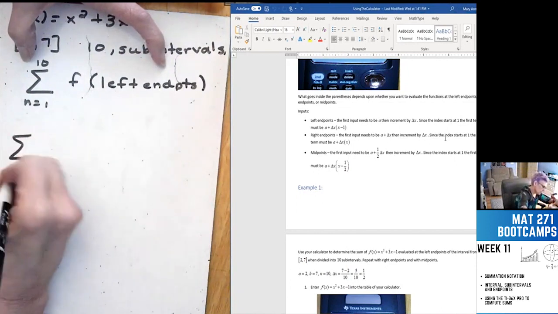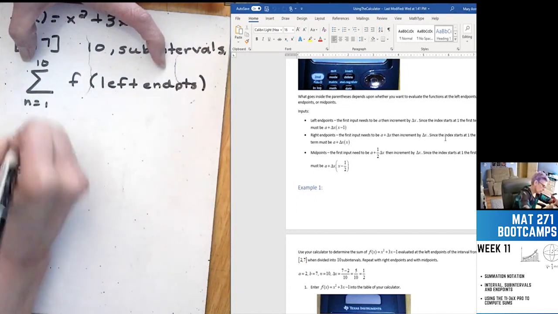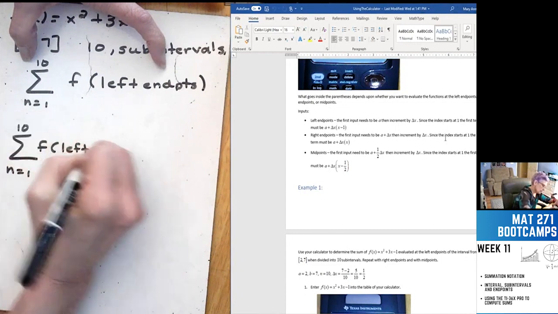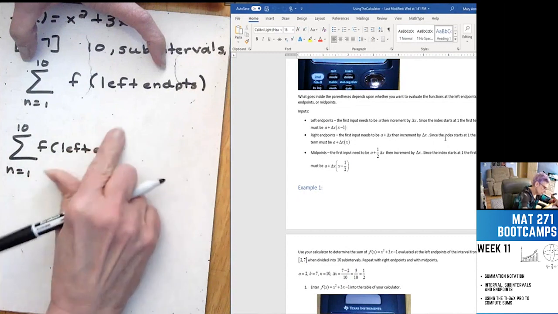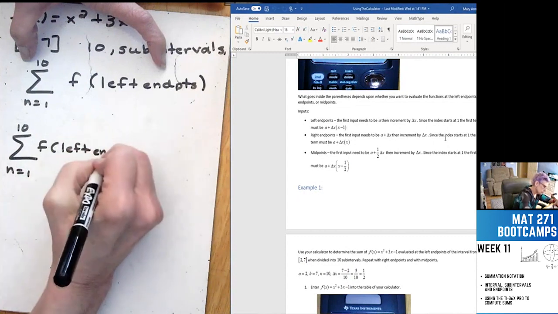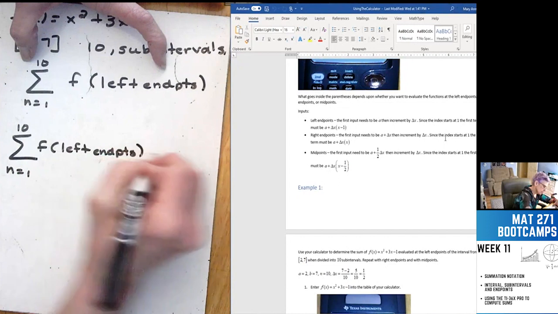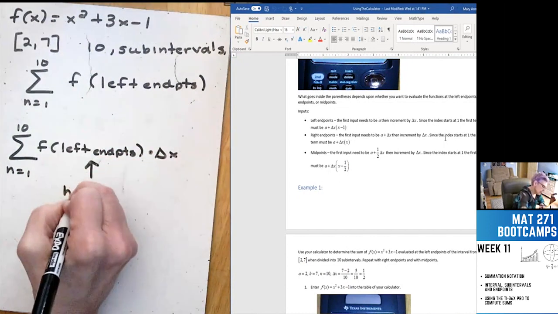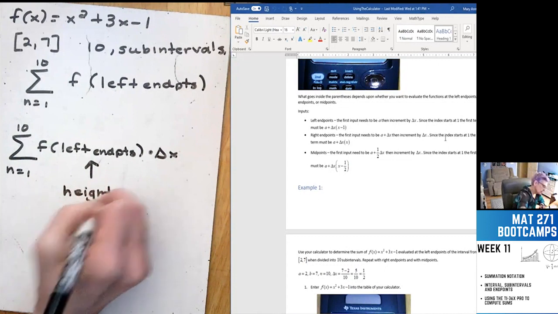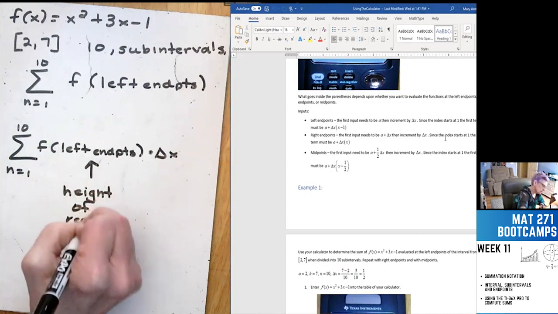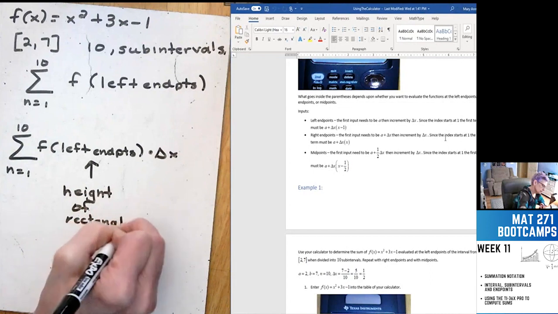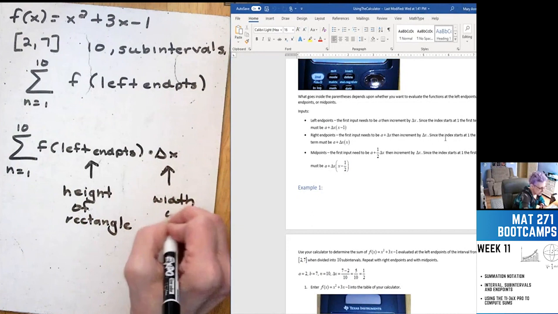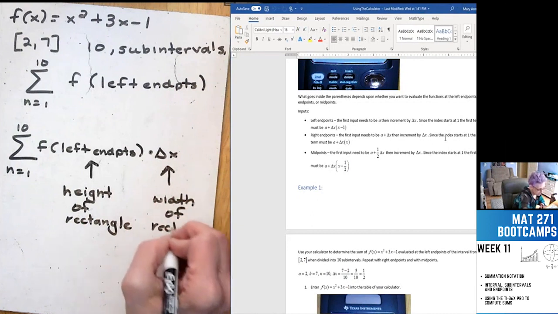If you wanted an estimate of the area under the curve, you would have to have f evaluated at the left endpoints times delta x, because that would be the height of your rectangle, and then delta x is the width of your rectangle.